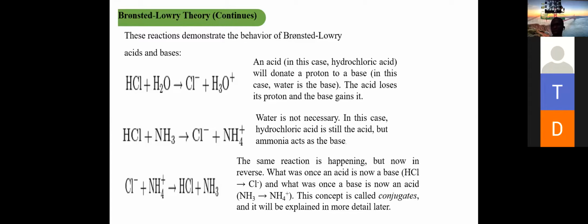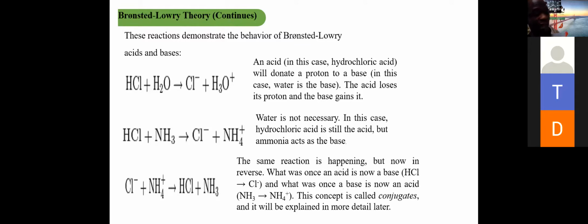So in that case, let water be the one to donate the proton to that compound. The rest of it is about balancing charges and writing the correct formula. Otherwise, you'll be wrong. It's something very simple. Okay.